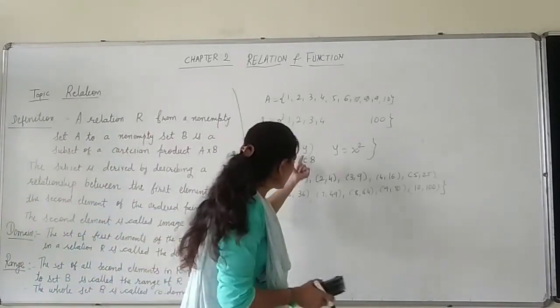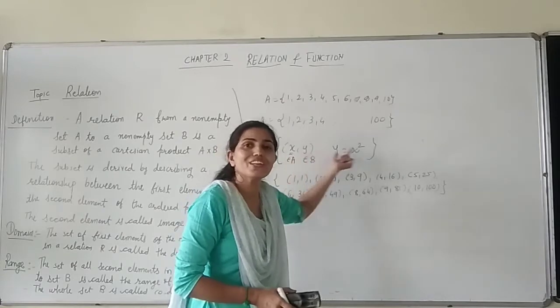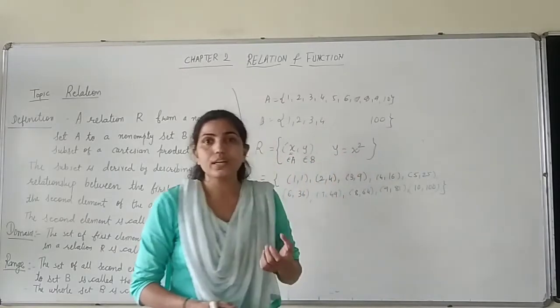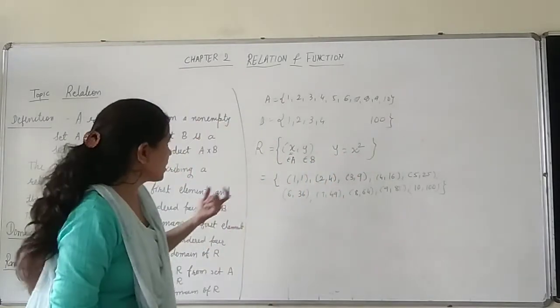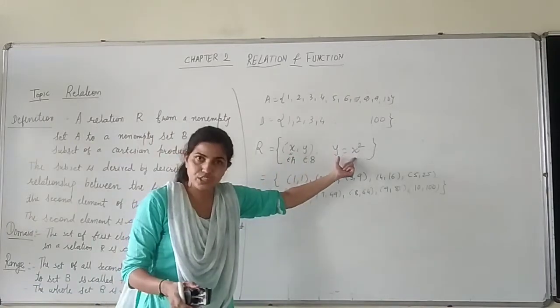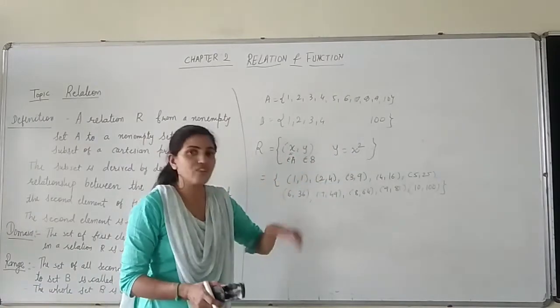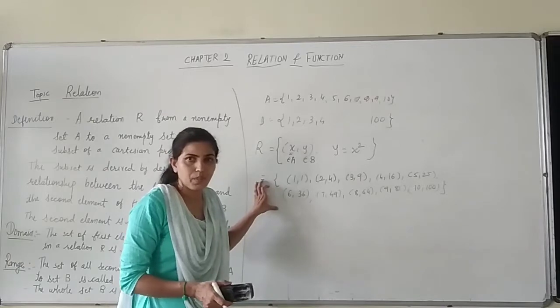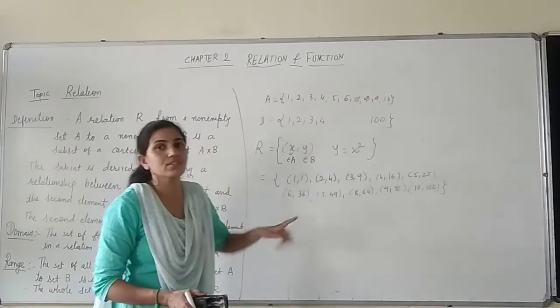So for the ordered pair (x, y), some relation will be given between them. According to that we can derive this subset, and this is known as a relation.